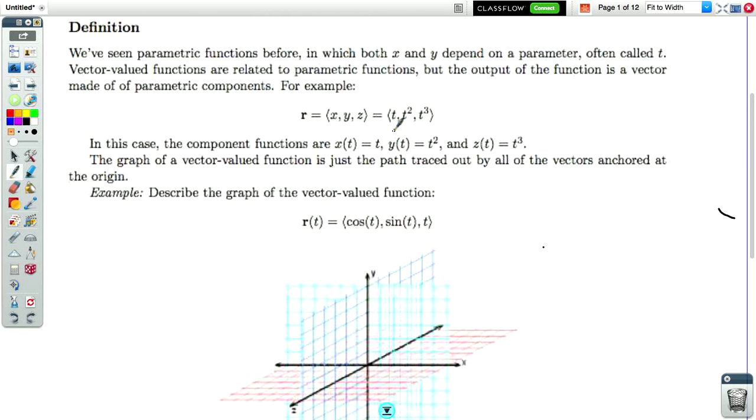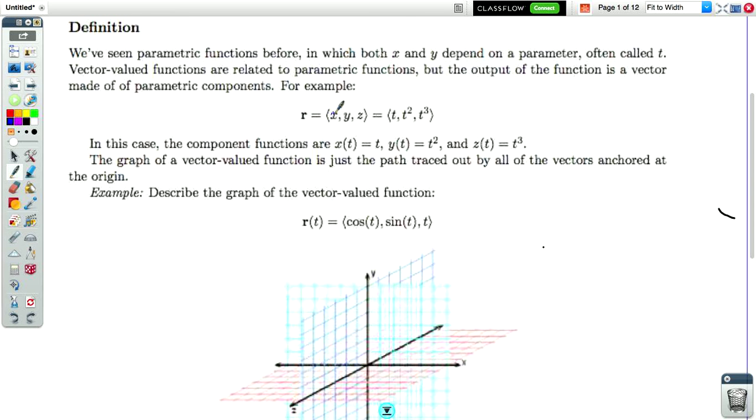The nice thing for us is we've seen parametric functions before, which is where you define some function in terms of a new parameter. Usually we call it t or theta, and that's exactly what we do with vector-valued functions. So I know that r represents a vector because I have it written here in bold. R is bold, so it's a vector.